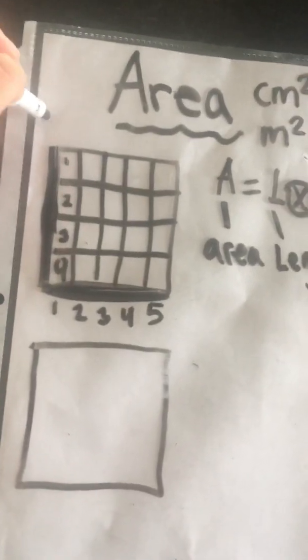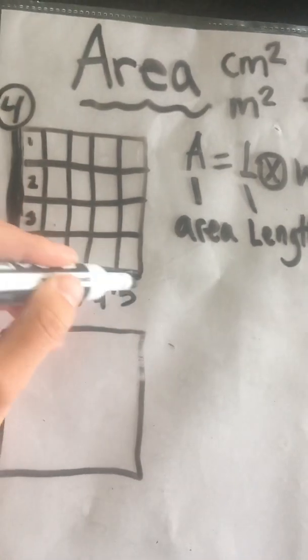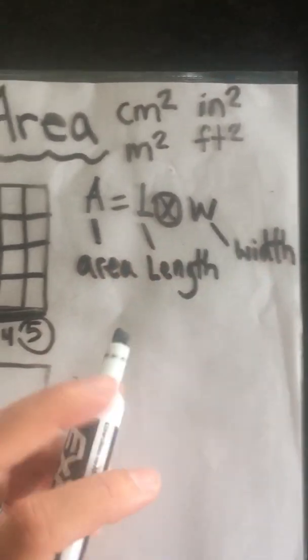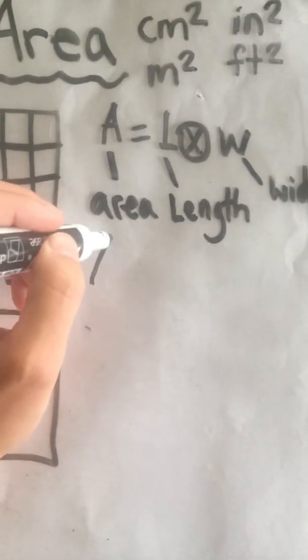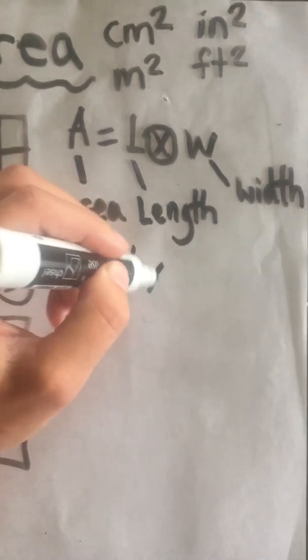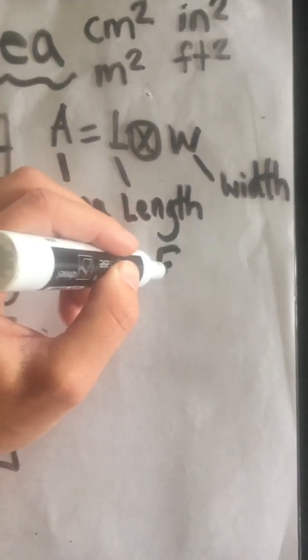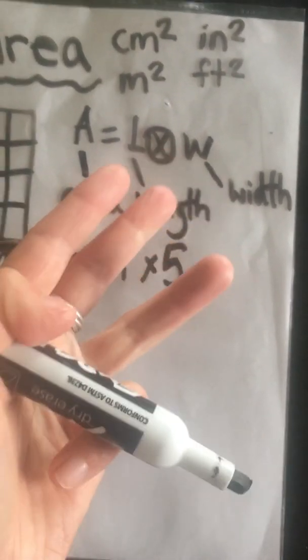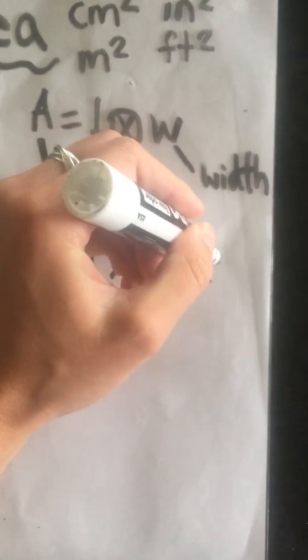So we got 4 over here, and we got 5 down here. In our formula, we're going to add those numbers in. So A equals 4 times 5, which gives us, count by 5s, 4 times, 5, 10, 15, 20.